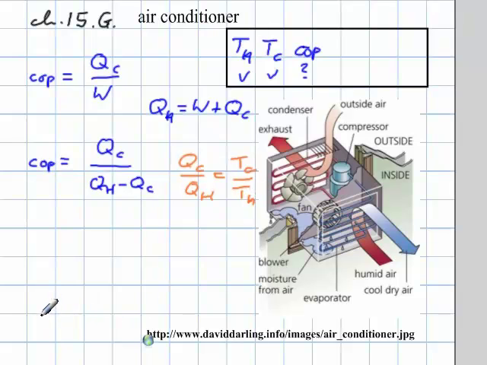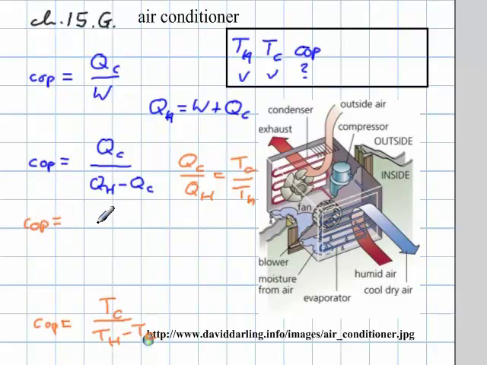And when I plug that in, I'm going to come up with this. So the COP equals TC over TH minus TC. And what I just did, that's not quite true, I shouldn't do that. But when I really do the algebra, this is what happens.